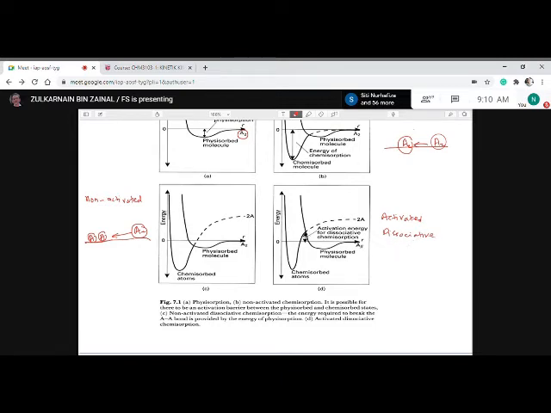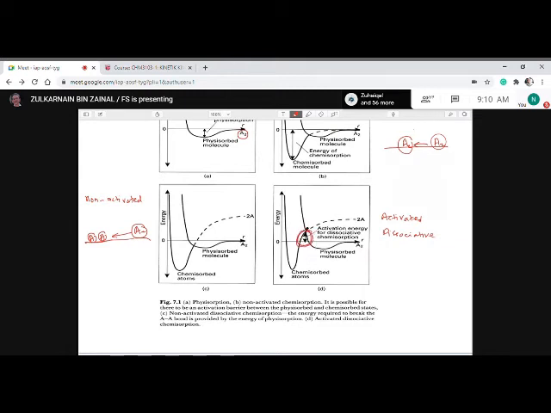In order for the adsorption of the molecule or the atoms to occur on the surface by chemical adsorption, the molecule has got to go through an activation process.